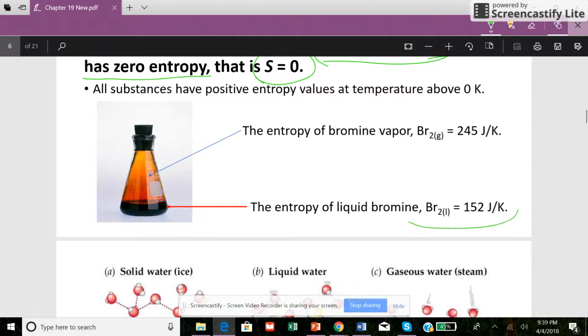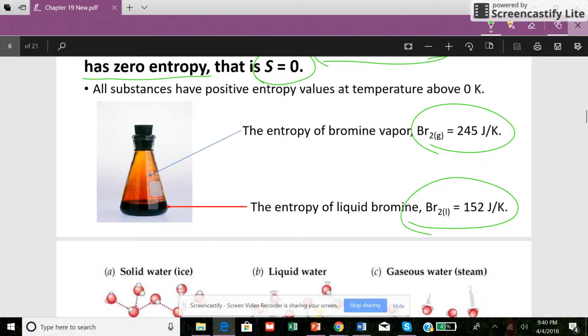If you have liquid bromine, the entropy is 152. If it becomes gas, it's 245. So that means at any temperature above 0 Kelvin, any element or any compound will have an entropy higher than 0. Basically, the entropy of any compound cannot be a negative value.